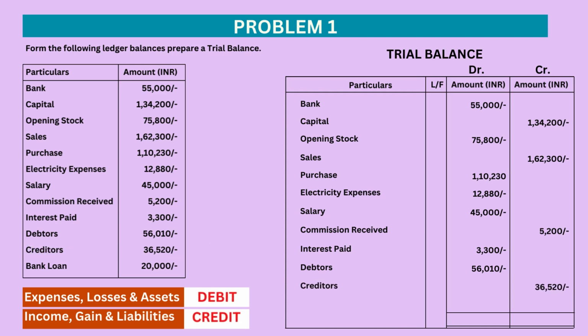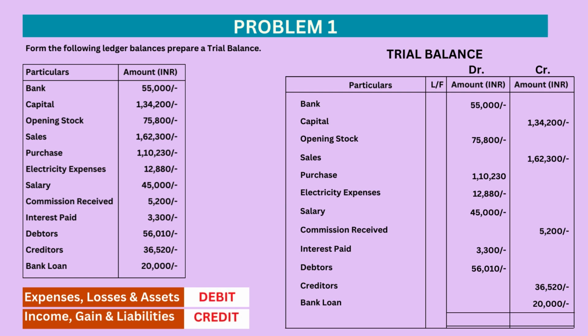The last one is bank loan. We have taken a loan from the bank. We have to repay the same. Thus, it is a liability and will be posted on the credit side. We have posted all the ledger balances into the trial balance.